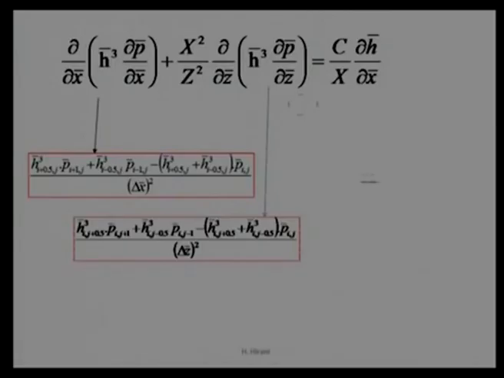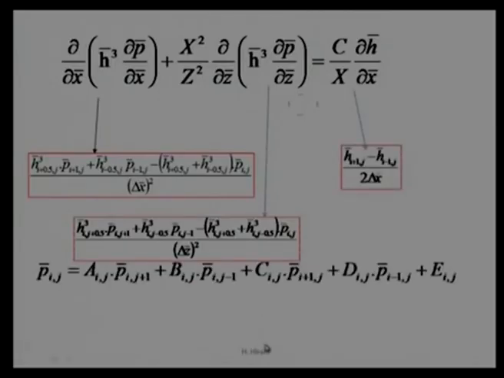Substituting this value, we can rearrange the equation like this: P i j, the pressure at any node in the x direction and z direction where the cross section comes, we can write in terms of 4 pressures: P i j plus 1, P i j minus 1, P i plus 1 j, P i minus 1 j, and a constant term at that node, that is E i j.